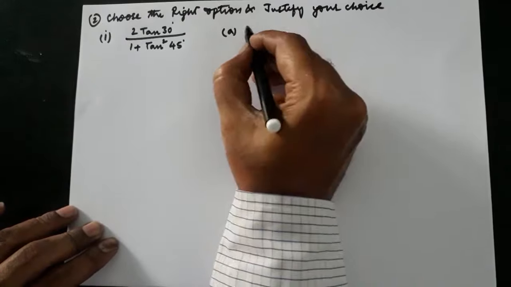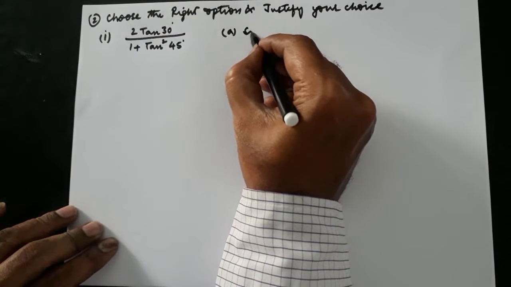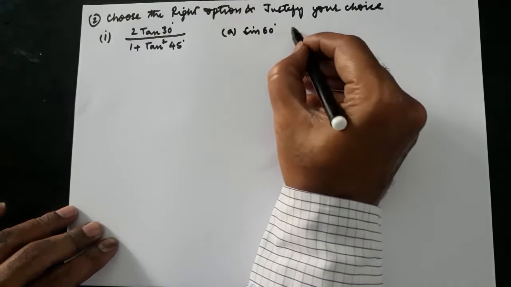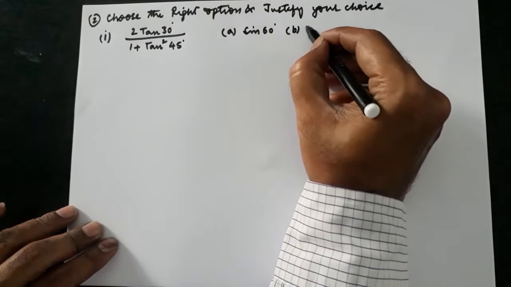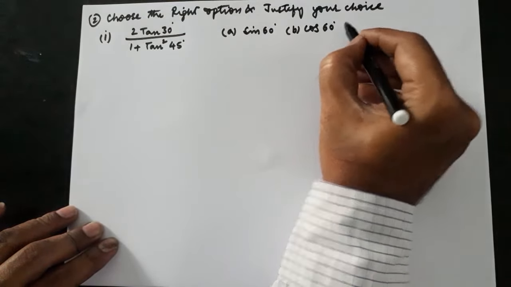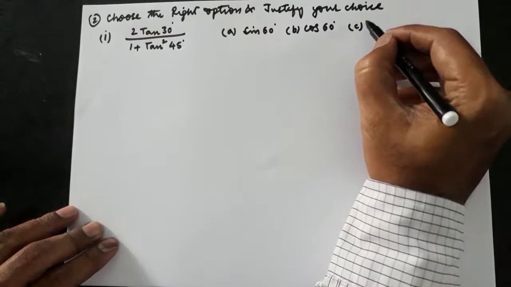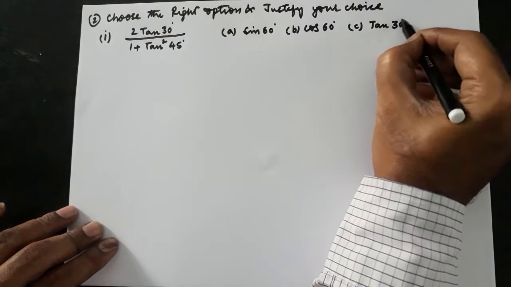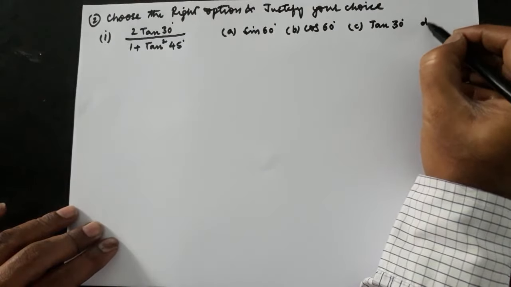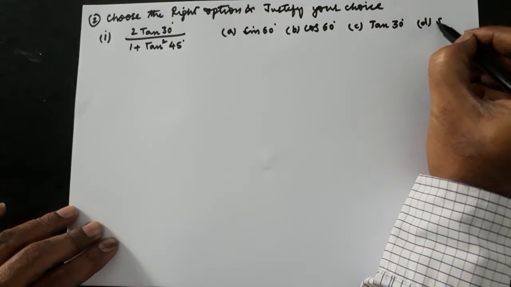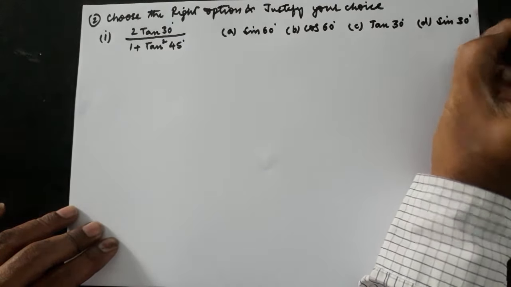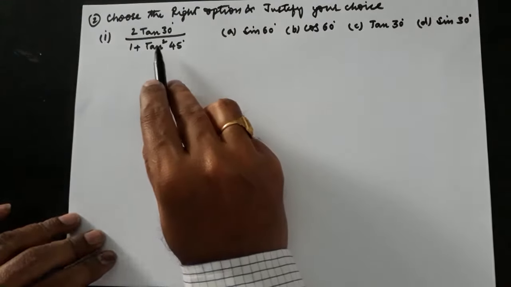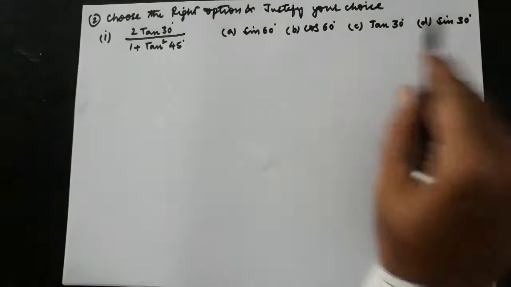A is sin 60 degrees, B is cos 60 degrees, option C is tan 30 degrees, option D is sin 30 degrees. So we need to find out the value of this and see which option is correct.